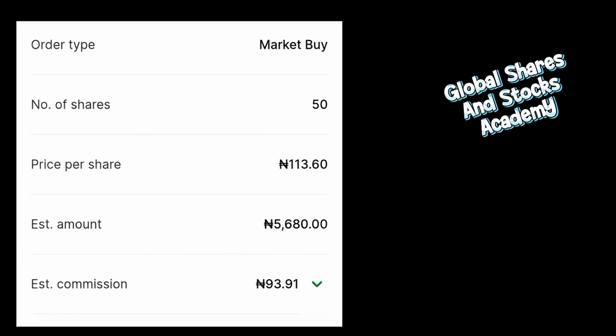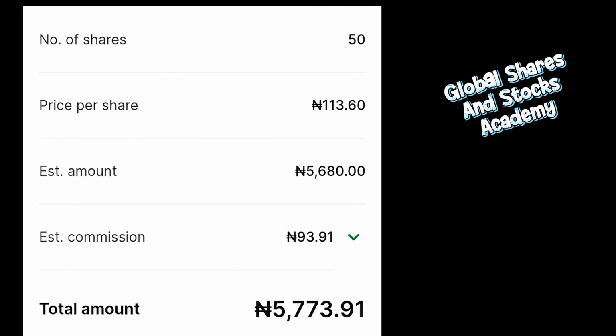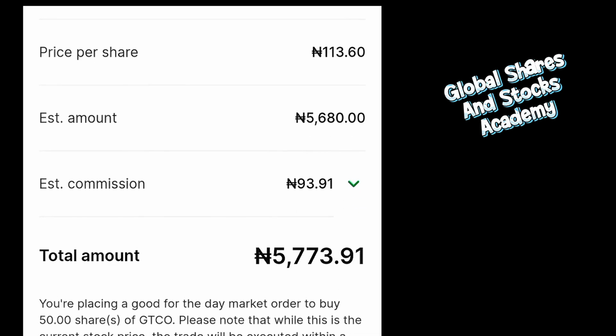So here we are buying at the market price, which is number of shares, 50 units of shares. Price per share is 113 naira 60 kobo. Estimated amount is 5,680. Estimated commission is 93.91 naira. Then the total amount is 5,773.